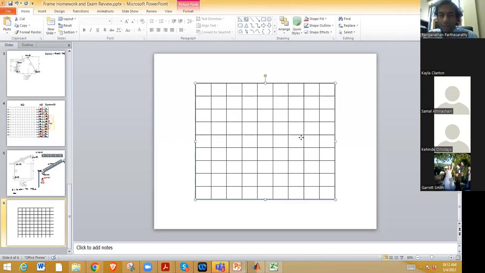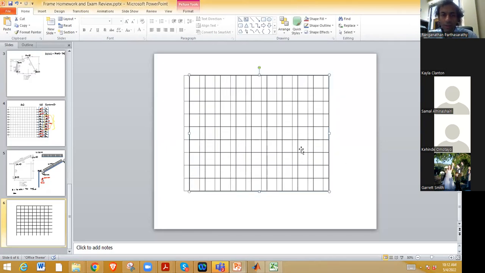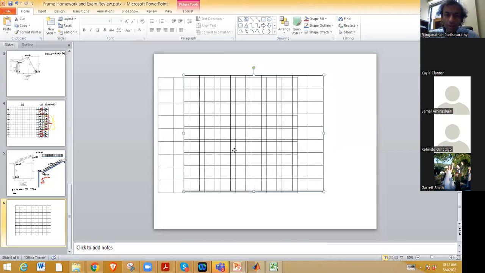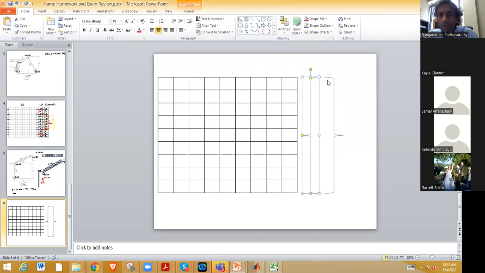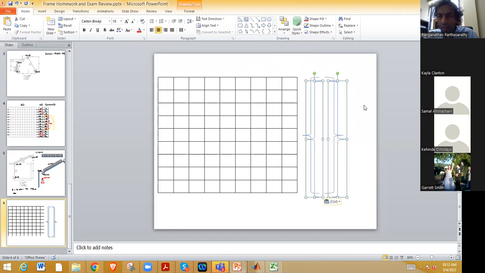Okay, here is our stiffness matrix, and this times your K times U, plus you will have your fixed end moments.